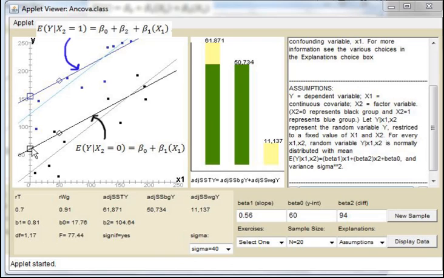We'll see that we can drag this black box and the blue box to change the intercepts, and we can also rotate the lines and get different slope values. We can see how changing the parameters sometimes gives us a model that's not significant. Sometimes this is significant, sometimes it isn't. And we'll be able to visualize what a significant model looks like and an insignificant model looks like.